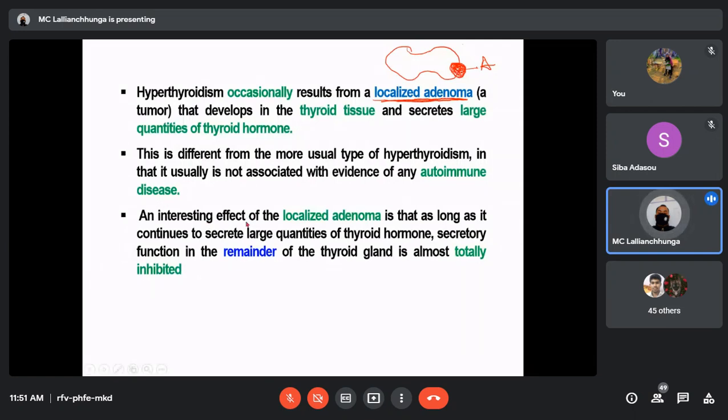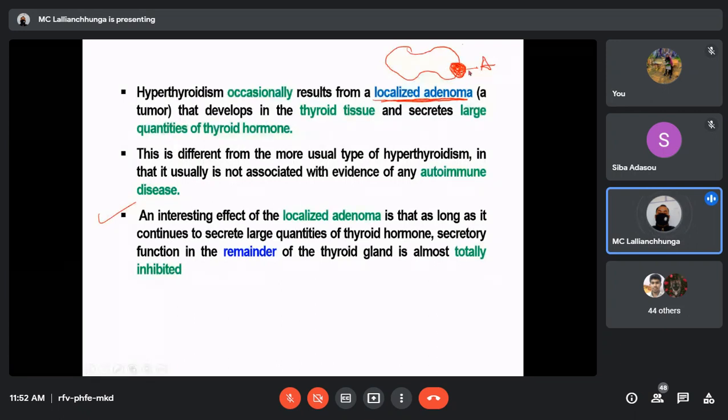An interesting effect of the localized adenoma is that as long as it continues to secrete large quantities of thyroid hormone, secretory function in the remainder of the thyroid gland is almost totally inhibited. So this point is important. When there is a localized adenoma in the thyroid gland, it will start producing thyroid hormone, and the remainder of the thyroid gland, the other areas, usually do not produce thyroid hormones.